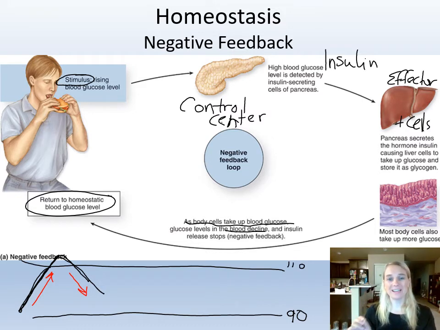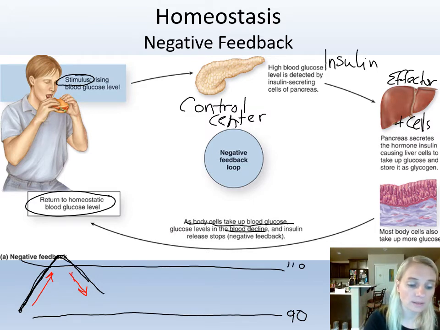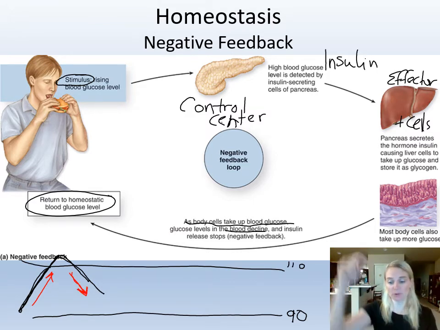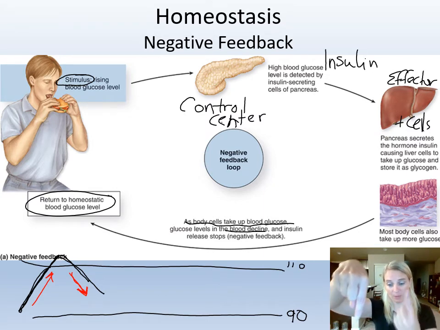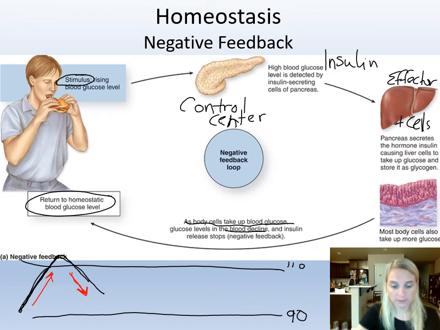The root for negative is to negate, to oppose, to go against. So if my response is to bring my blood sugar levels down, my stimulus was my blood sugar levels are high, my response is to go low.